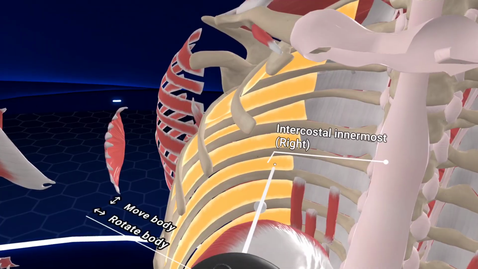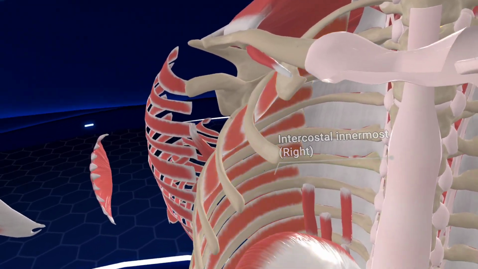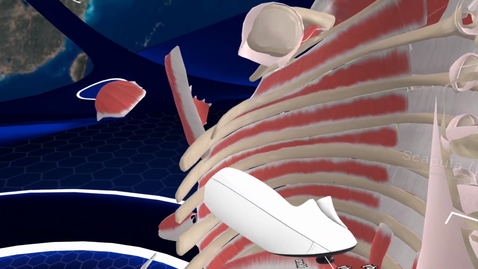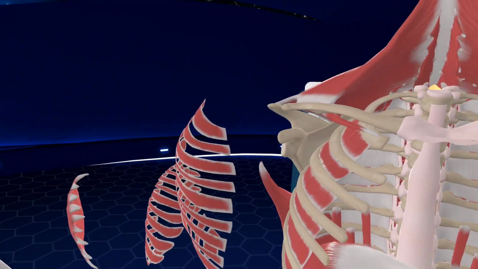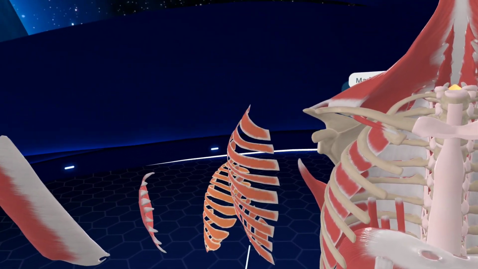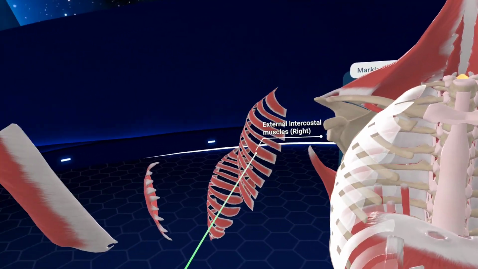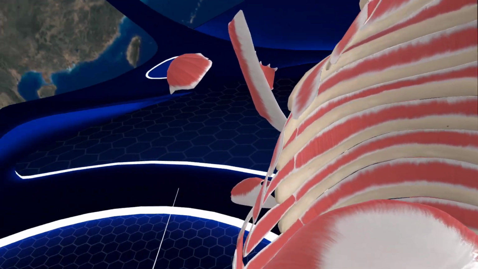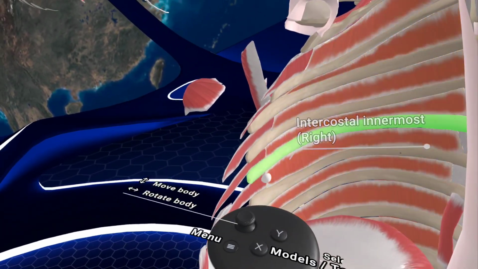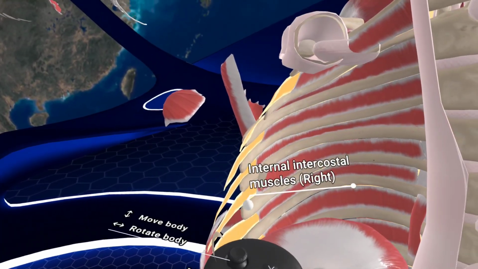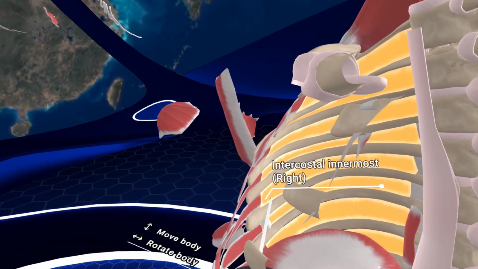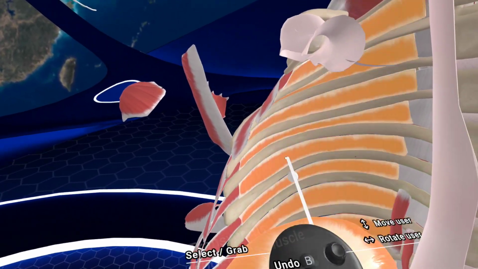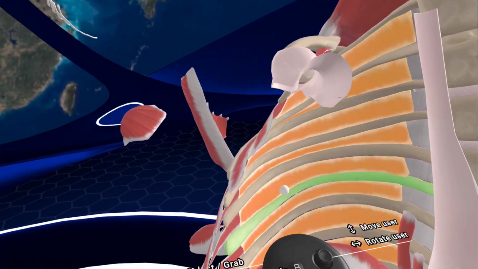The innermost intercostal muscle is on the lateral sides of the rib cage, on the innermost surface. If we add back the internal intercostal muscle, you can see it is also here, but it is not entirely submerged, just hidden by the innermost muscle.